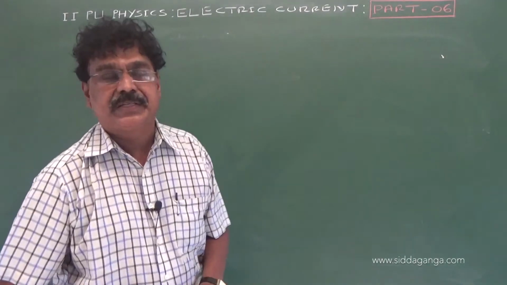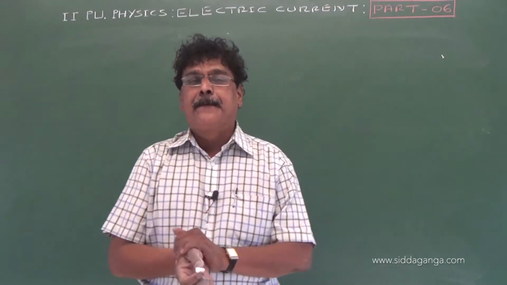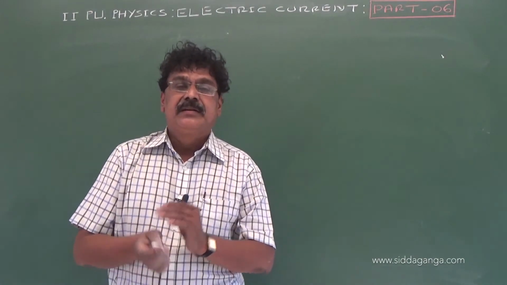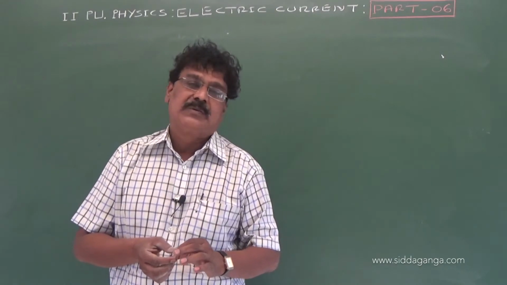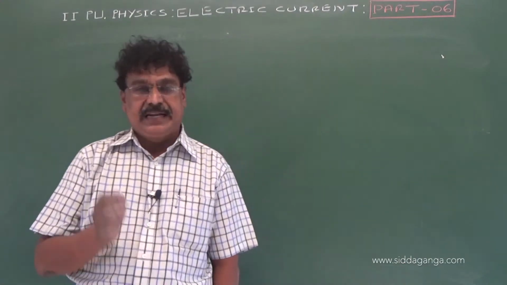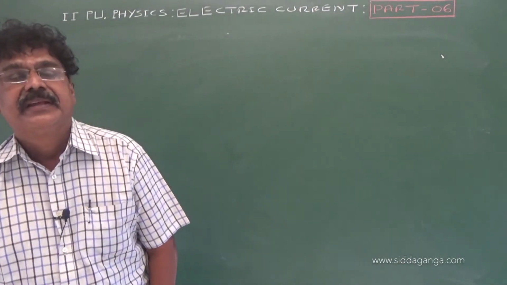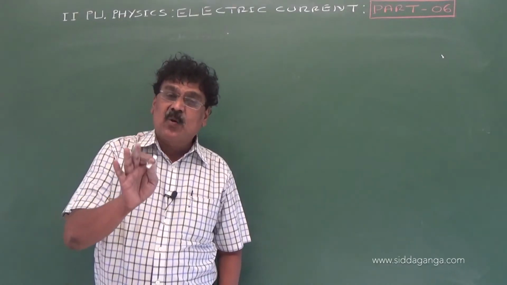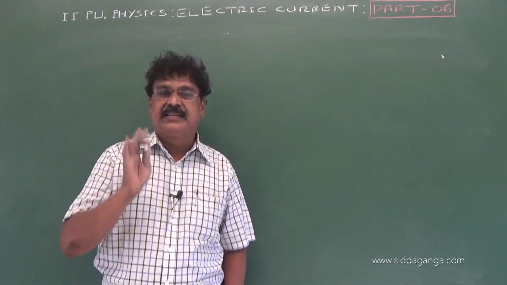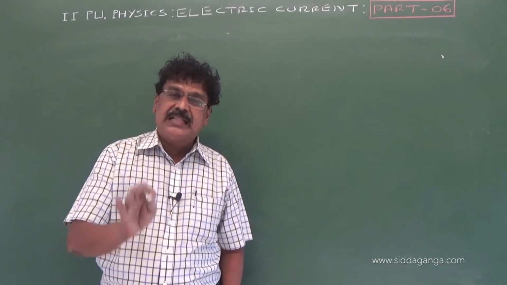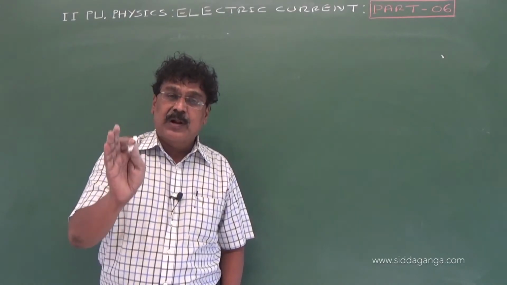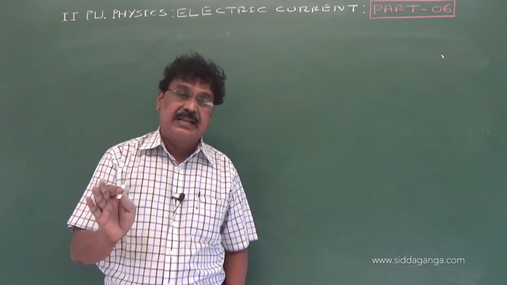Now the question is, why non-ohmic devices do not obey Ohm's law? Why V by I is not equal to constant? It is because in case of non-ohmic devices, resistance of the device depends upon the value of potential difference as well as polarity of the potential difference.